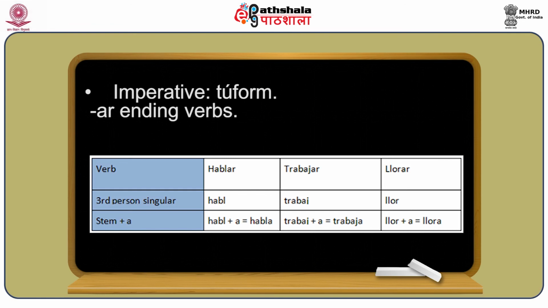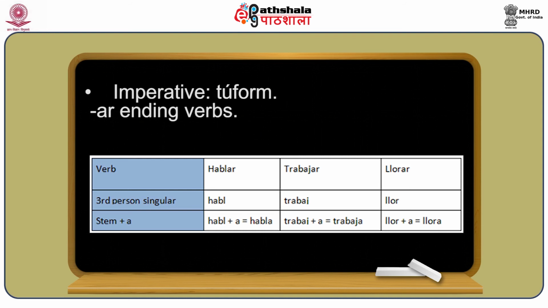So we'll start with how we form the command in Spanish in the tú form. For the formation of an imperative, we need to first determine whether the verb is AR ending or ER ending or IR ending. If the verb is an AR ending verb, then you have already learned the conjugation of these endings in the previous modules.